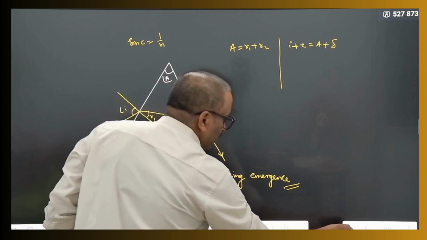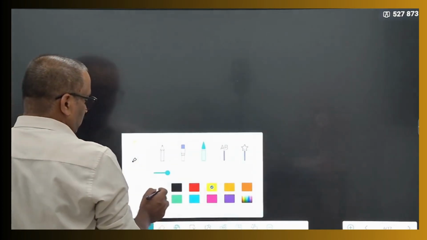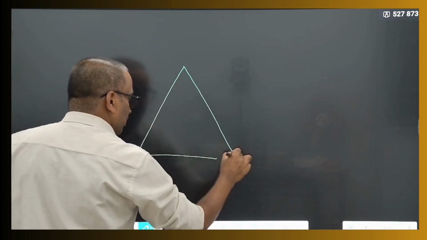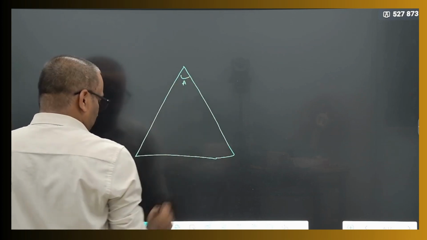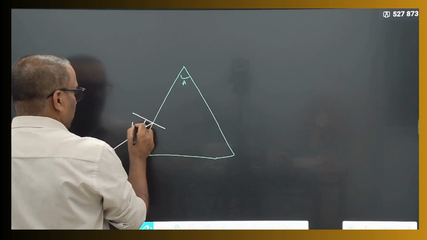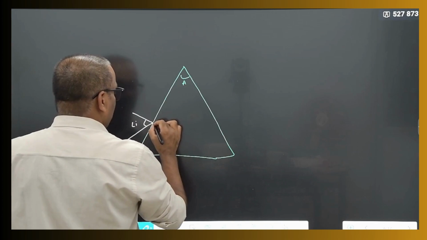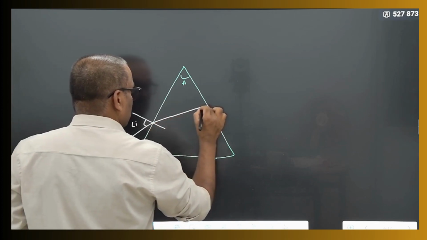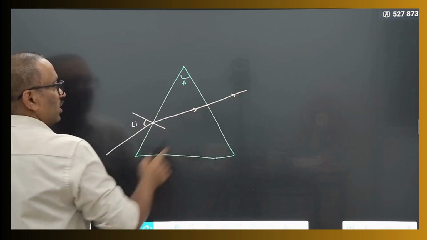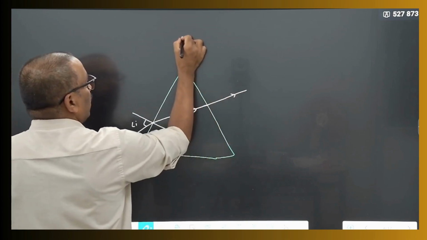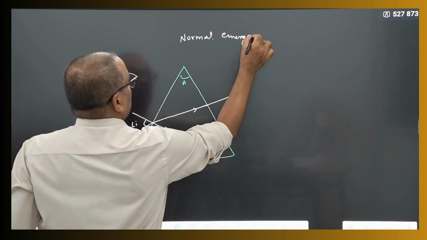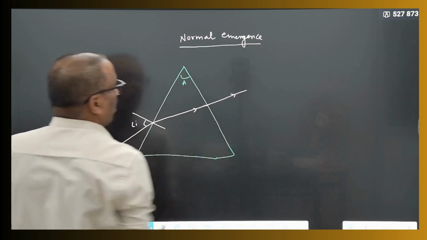What is normal emergence? Suppose this is your prism, and this is your A. This is your angle of incidence. Now the light ray is going like this, falling along the normal, which means it is going out along the normal. So we can call this normal emergence.